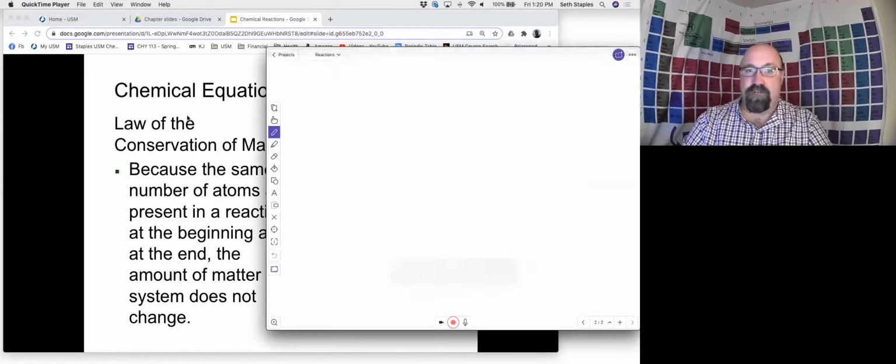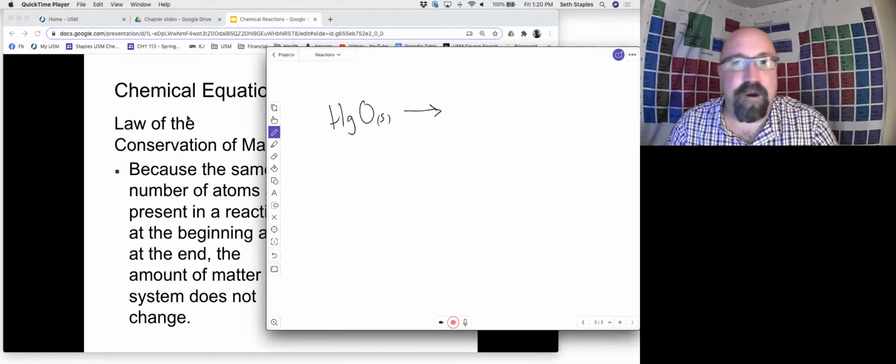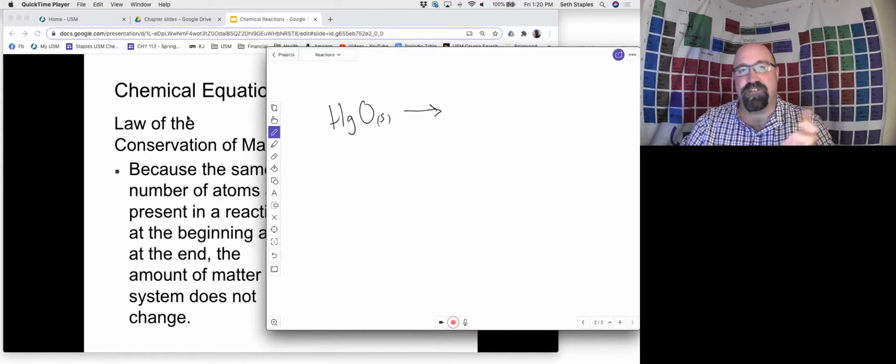And so we have our HgO, our mercury oxide. It's in its solid form. And it's going to come apart. So the mercury is going to separate from the oxygen. So we're going to have our mercury.